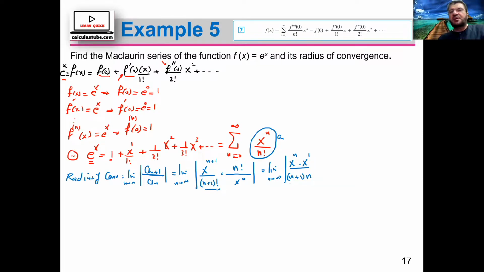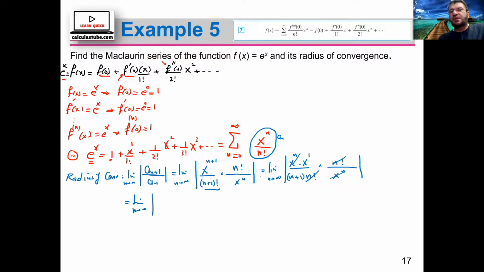No. I'm going to stop here and say n factorial, because on the top I have n factorial. Times the top, n factorial, divided by x to the n. Now this n factorial cancels this n factorial, and x to the n cancels this x to the n. What am I left with? We are left with the limit as n goes to infinity of what? Let's look at the n's, guys.